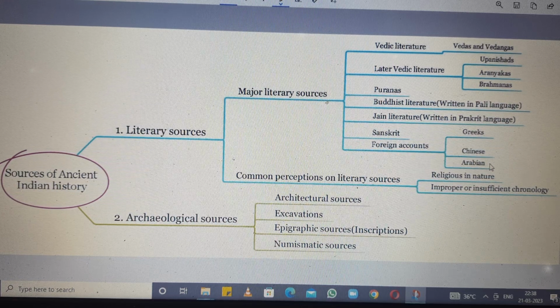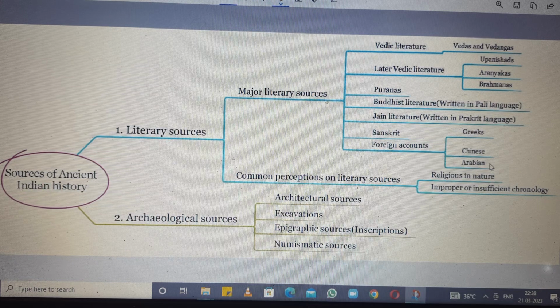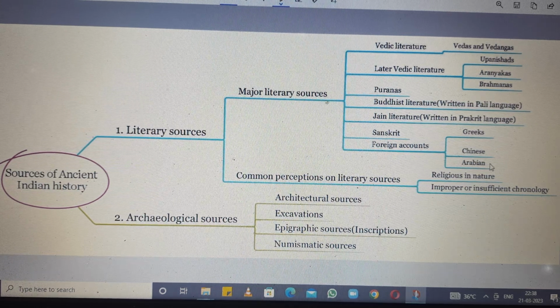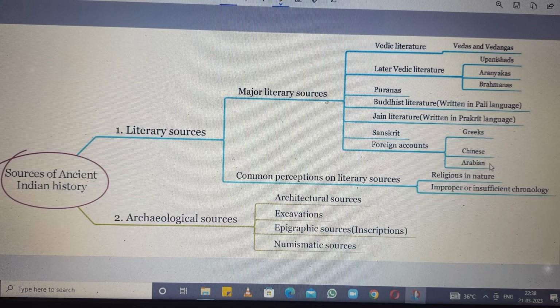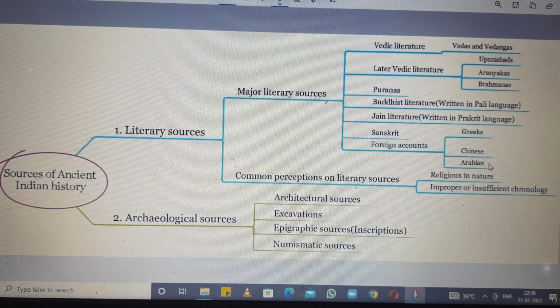So we can simply say that the literary sources of Indian history which we need to study are religious in nature and have improper or insufficient chronology. Though they have tried to provide a proper chronology, there are certain factors because of which we find they do not have one, that is, who was ruling after whom, especially in ancient Indian history.